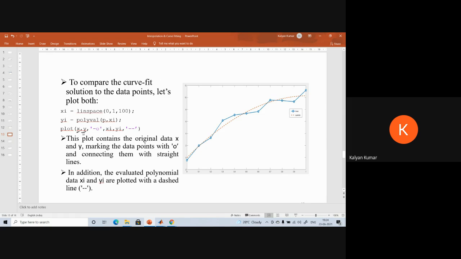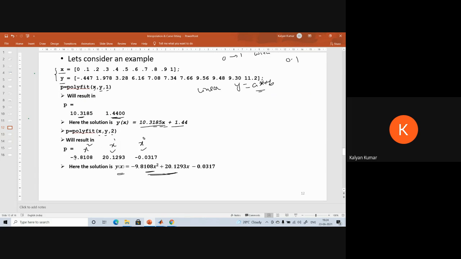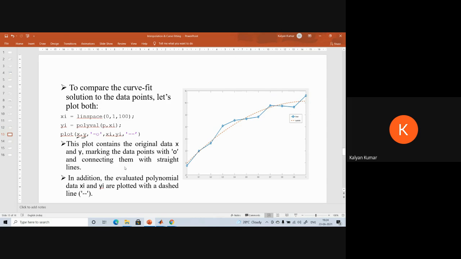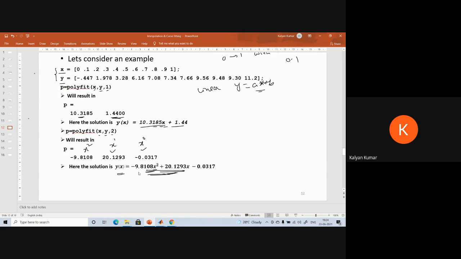So I am taking the same x and y as it is, and for plotting the quadratic curve, I am taking new x values xi between 0 to 1. I have taken 100 values, and the corresponding y values I am going to compute using the relation p, the quadratic equation that I am having.